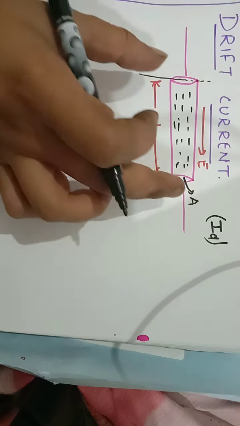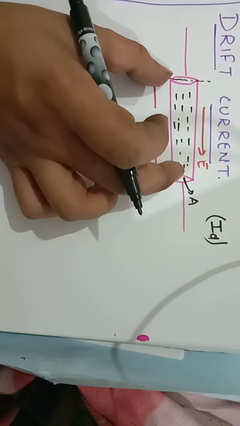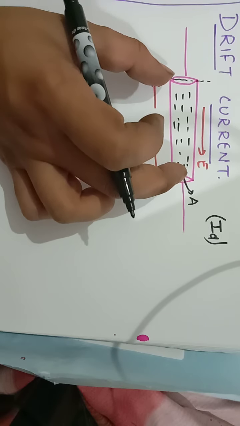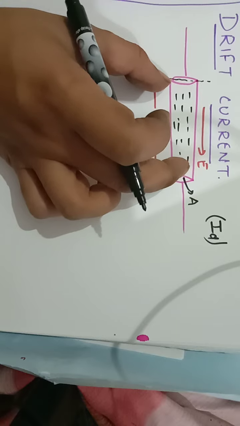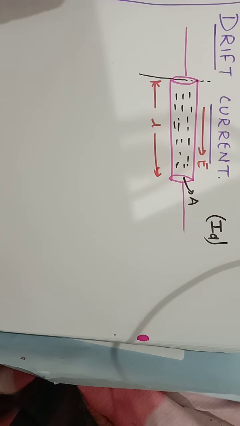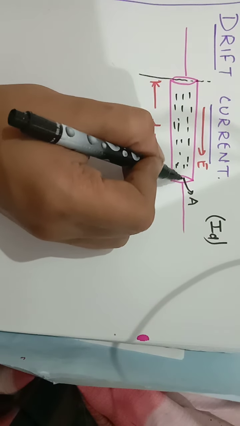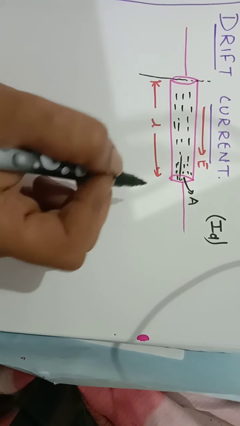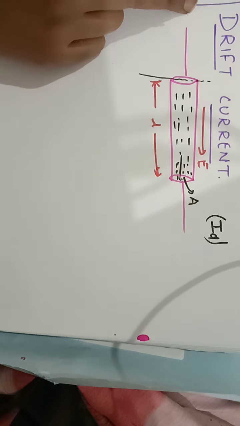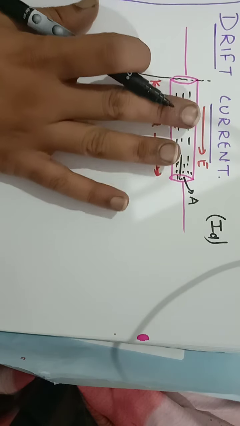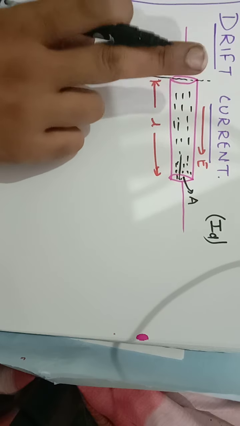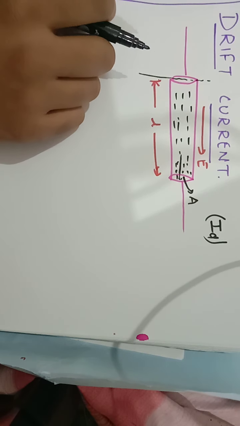When the last charged particle, the last electron, passes through the entire length and crosses this cross section, then we can say all the charge carriers have passed through the cross section area, right?